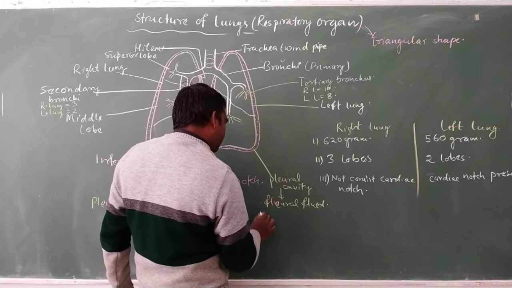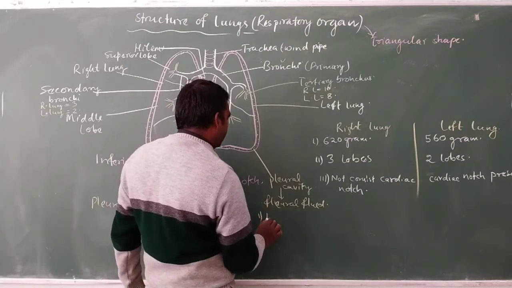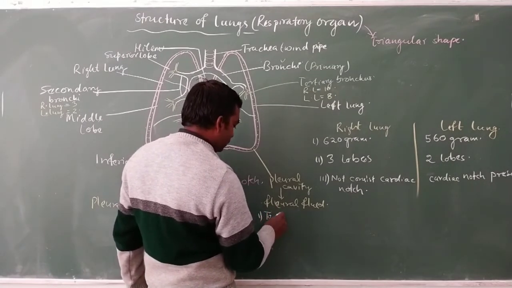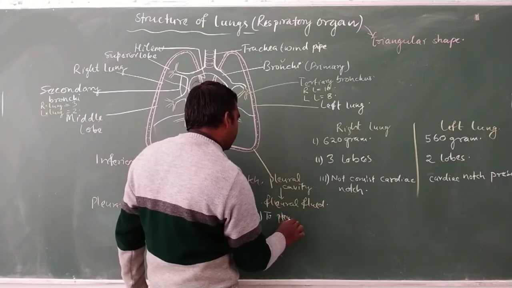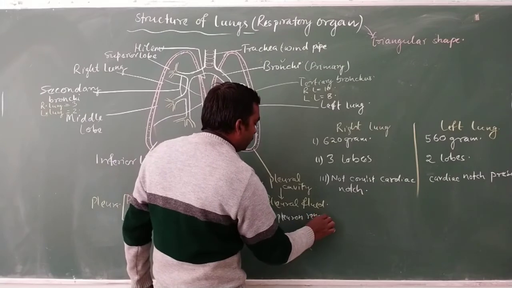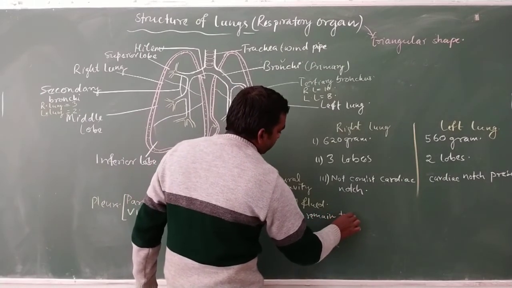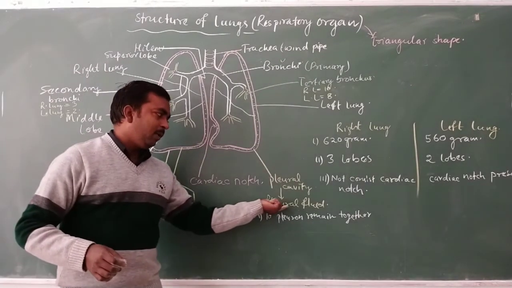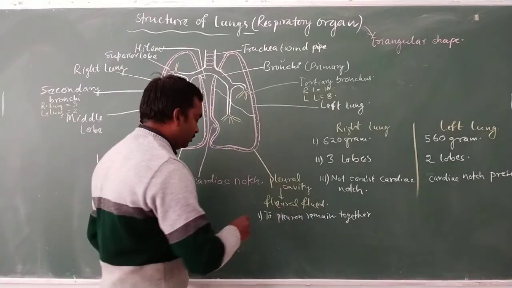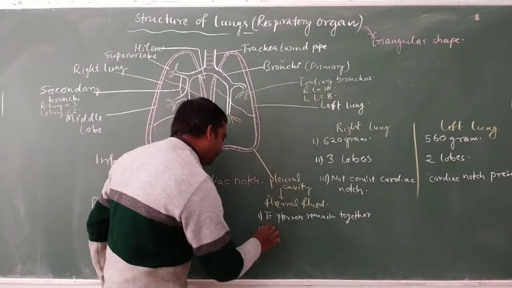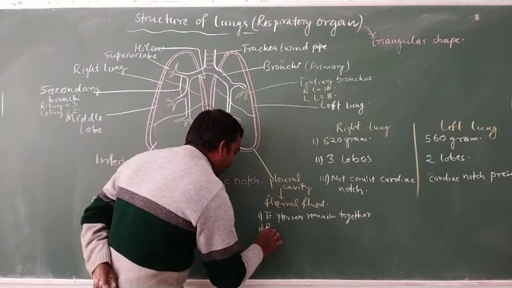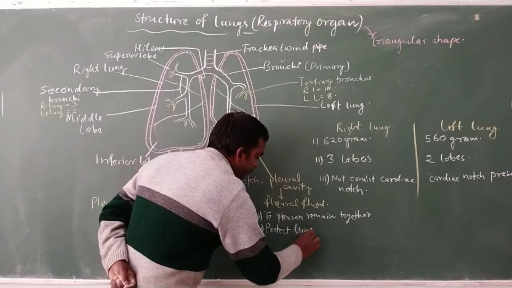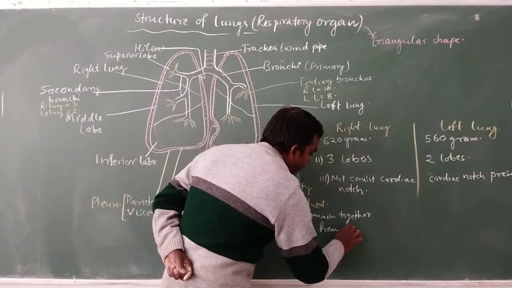The first function of pleural fluid is to keep the pleura together. The pleura remain together with the help of pleural fluid, and the pleural fluid also protects the lung from external shock.